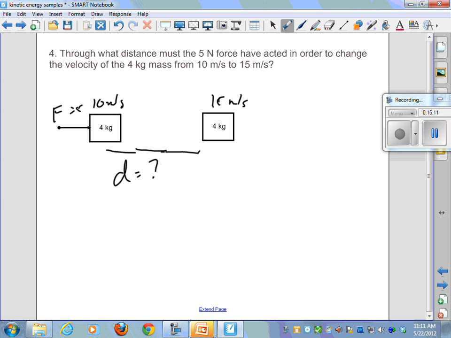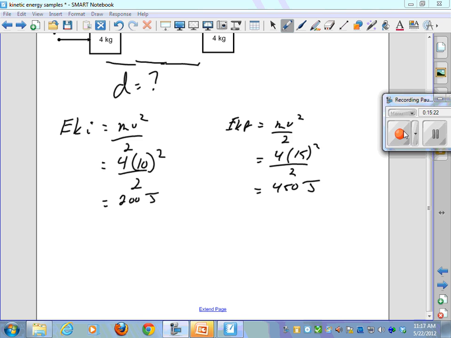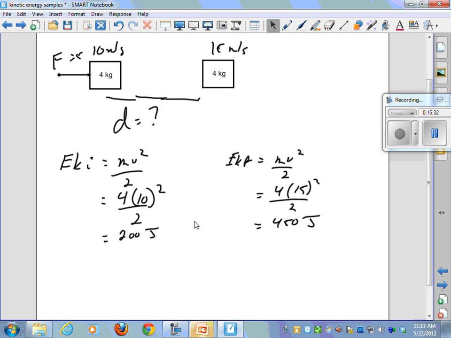It's basically the same kind of thing, except now it's asked backwards. Different order, that's all, right? This is the EKI, this is the EKF, solve for D. All right, so what did I do? I found the initial kinetic energy and the final kinetic energy, which is relatively easy to do. We know the speeds of both, which means if I went from 200 joules of energy to 450 joules, what is my delta EK?